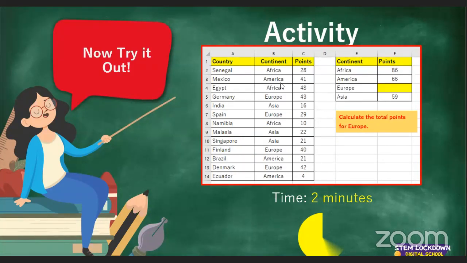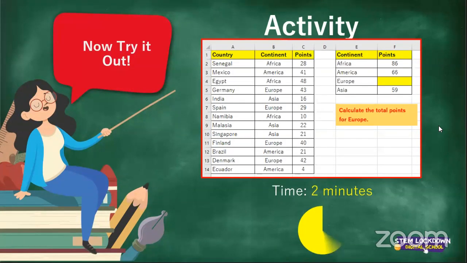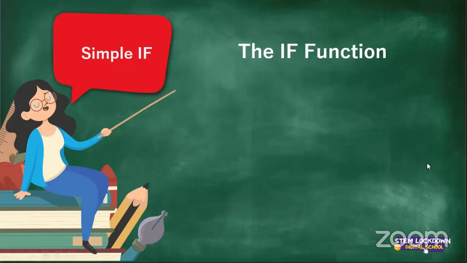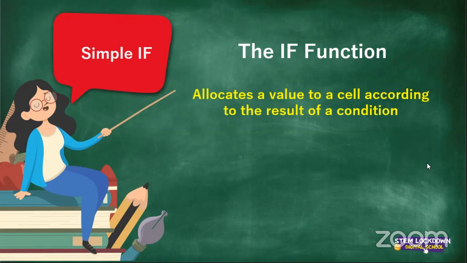All right. So now let's move on to the simple IF, right? This one is the main function that we really want to talk about even tomorrow for our lesson, right? So what does it do? It allocates a value to a cell according to the result of a condition, right?